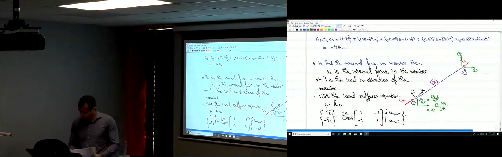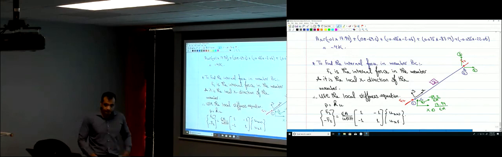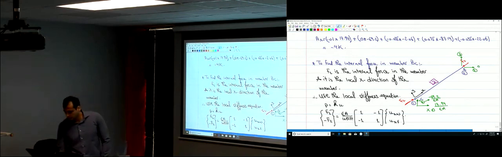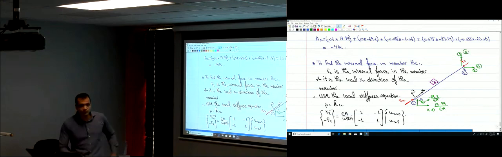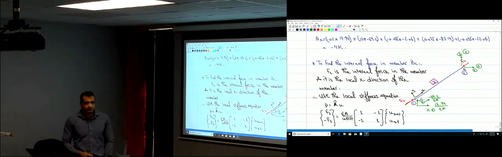And 7 and 8, how much were 7 and 8? The displacement, 0, because you had a support here, right? Point B, you had a pinned support, so they were 0.